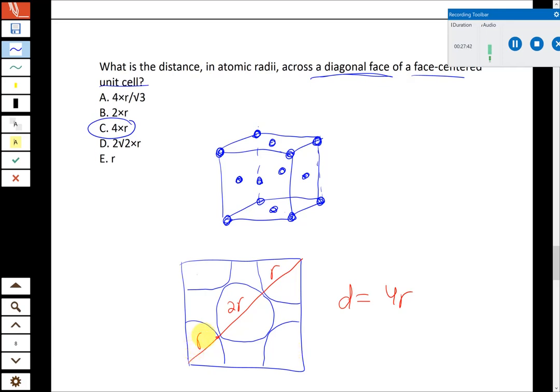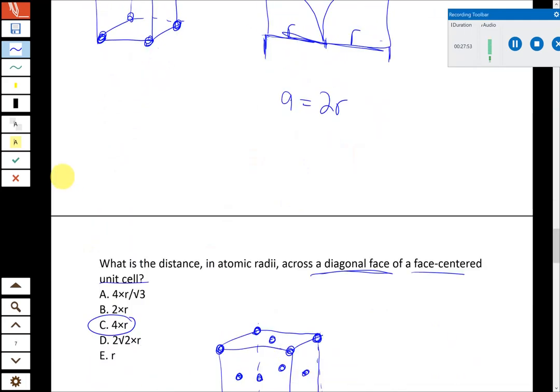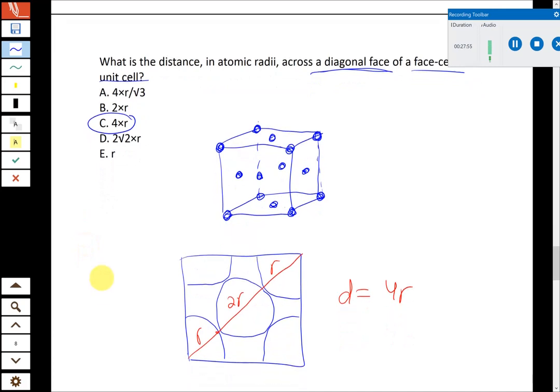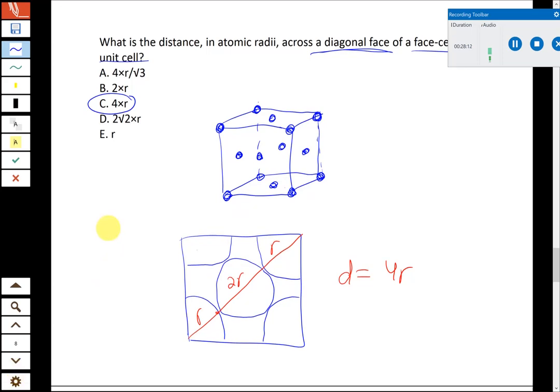But for problems like this, where all you have to be able to do is just draw the unit cell and visualize one of the simple directions, either the diagonal or in the primitive cubic cell, the side length, that's going to be sort of the types of things we'll ask you about. So it's all summarized in the notes. You definitely want to have those available on the test and make sure that you're knowing those. But like I said, it's mostly going to be the level of questions that you see in the homework assignments. We're not going to get any more difficult than that on the exam.